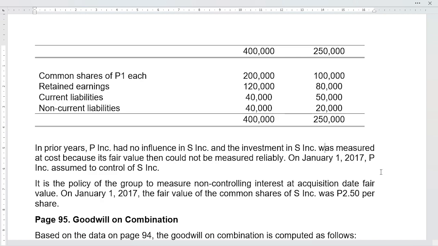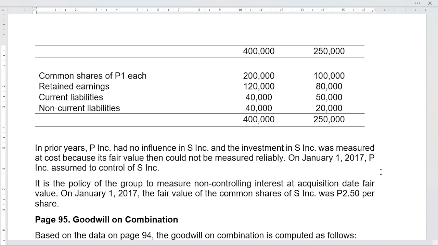Naging 2.50 per share noong date of acquisition, January 1, 2017. 2.5 times 100,000 shares equals 250,000 pesos. Yun ang hinahanap natin. Rain, naintindihan mo na? Opo, sir.